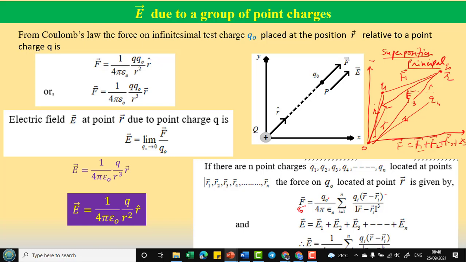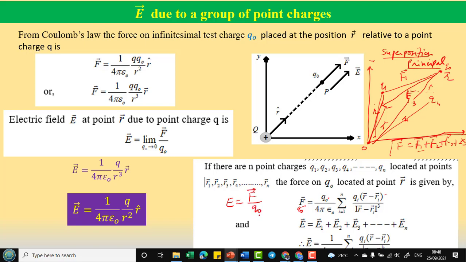The net intensity of electric field at that point, I have said, we can find by calculating the intensity of electric field. See, just like we are finding the force, I have written the sum of forces here, but what is force? Force is nothing but the intensity of electric field, which is the force per unit charge. So we are finding the intensity of electric field E is equal to F upon Q naught.